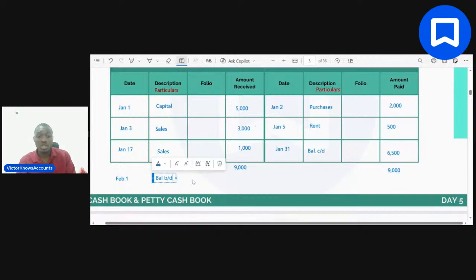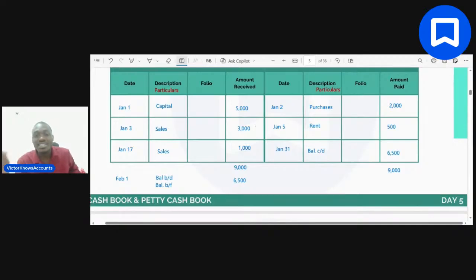You can call it any one actually. Is that fine? Right, balance brought forward. This particular amount that was remaining from last period is going to be our starting amount this month. So it's going to be 6,500 naira.